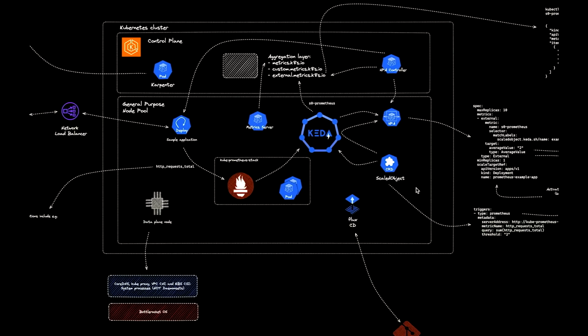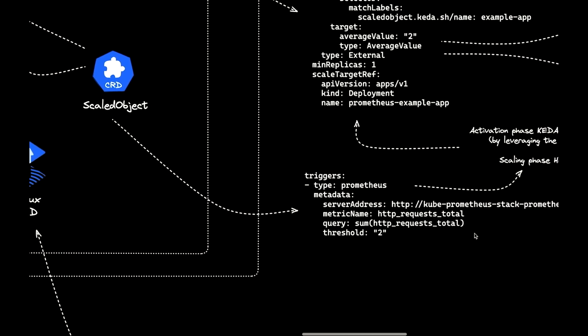There are other custom resources, like, for example, the scaled job and so on, but they basically represent the scaler or the source that I want to pull metrics from. In this case, like you can see down here, I have a snippet of the scaled object that I was showing earlier.